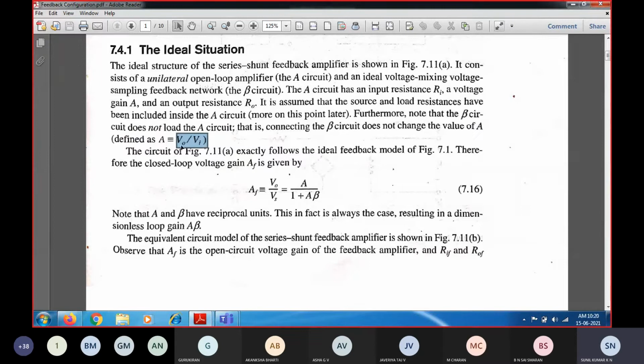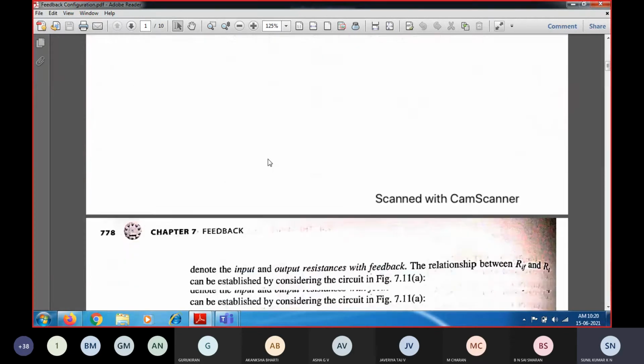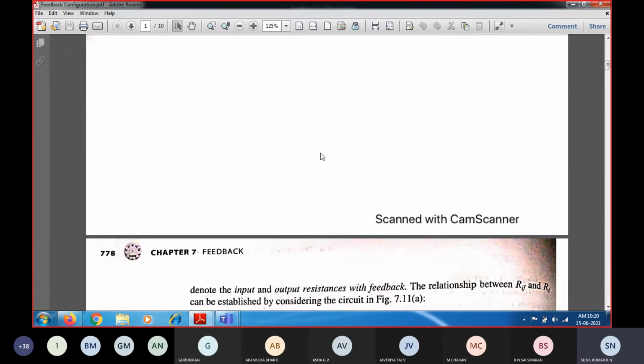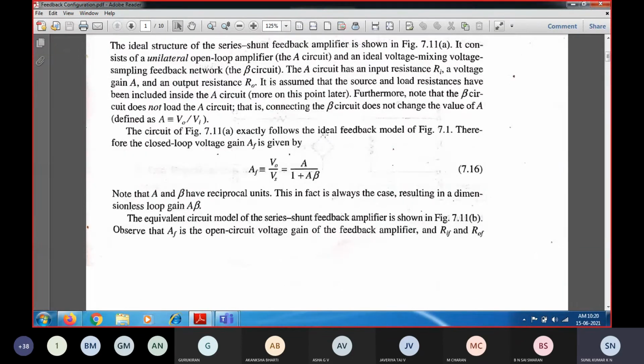Since the output is a voltage and the input is also a voltage, the amplifier gain is nothing but V naught by Vi, the output voltage to input voltage. Is it clear?